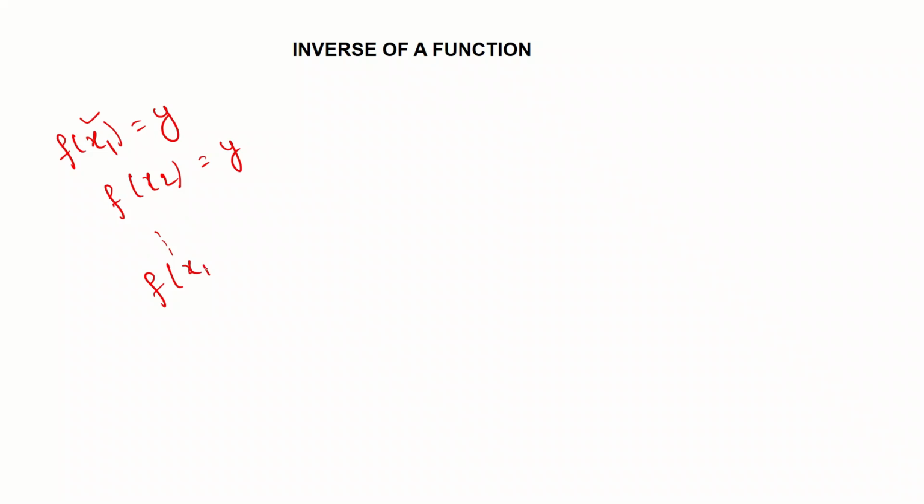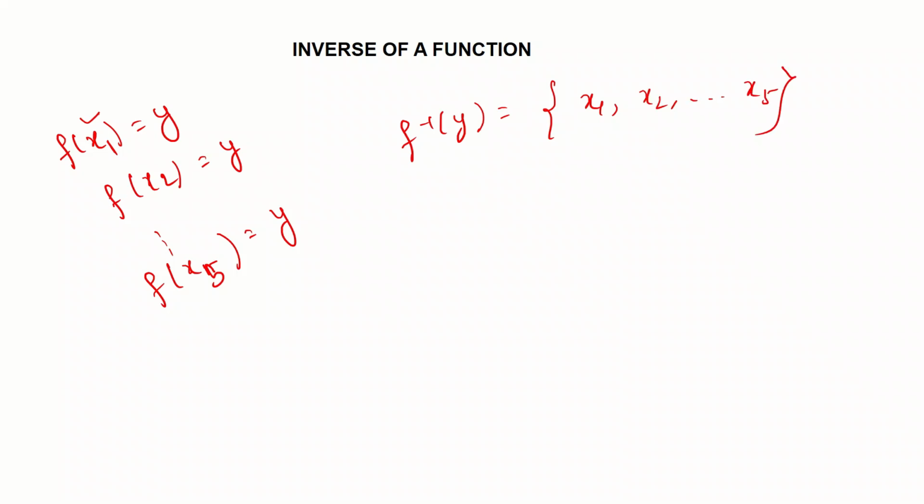Say for example there are 5 points where the function takes the value y. Then we write f inverse of y is equal to all those points where the function gives you the value y. So you can extend it to any length. Just remember that it has to be the set of all those points that give you the point y. This is the inverse of a function.